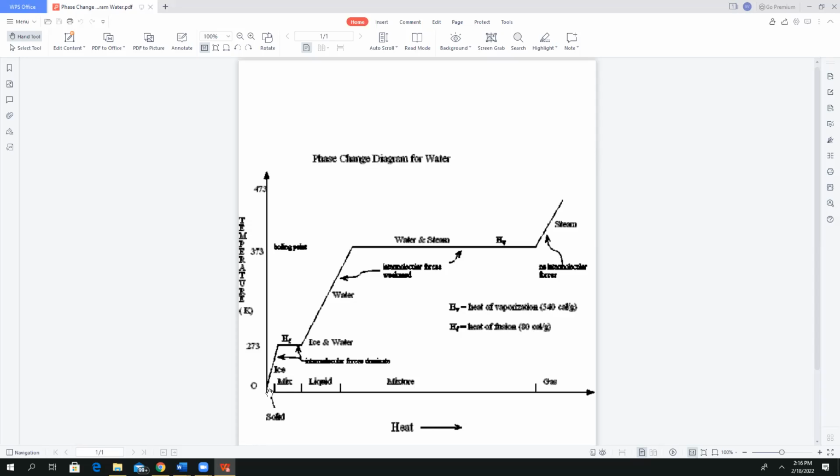We used to do this in the lab with ice, and they would record the temperature every minute. I know it's annoying because it takes a long time. Every minute, and that way you wouldn't miss the heat of vaporization or the heat of fusion.